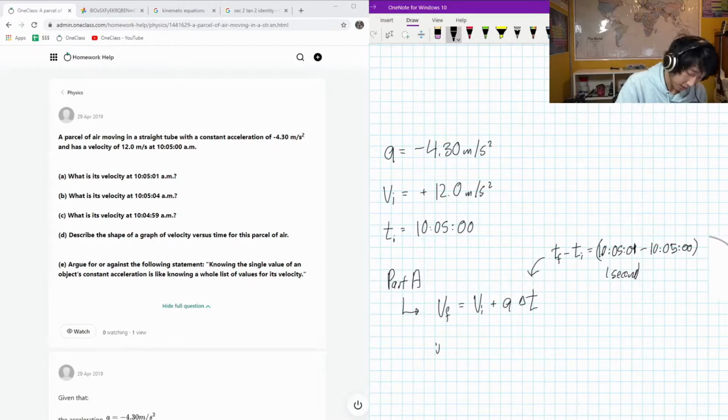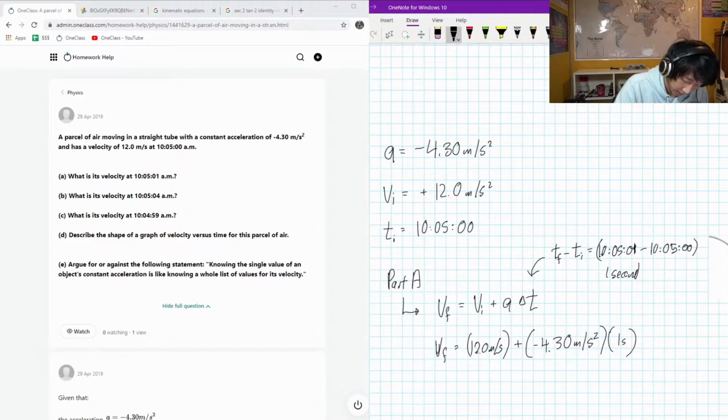Okay, so if we sub in our numbers, our final velocity here is going to be our initial velocity, that's 12.0 meters per second. Now we're going to add a negative number to it. That's nothing to worry about. That just means we're decelerating. Kind of like when you pump your brakes on your car, that's a negative acceleration that's happening. Multiply by the time, 1 second.